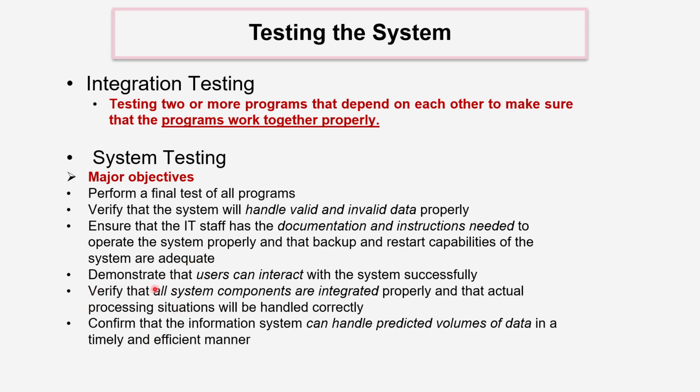Then you need to demonstrate that users can interact with the system. After that, you need to verify that all system components are integrated properly. Lastly, you need to confirm that the information system can handle the predicted volume of data.